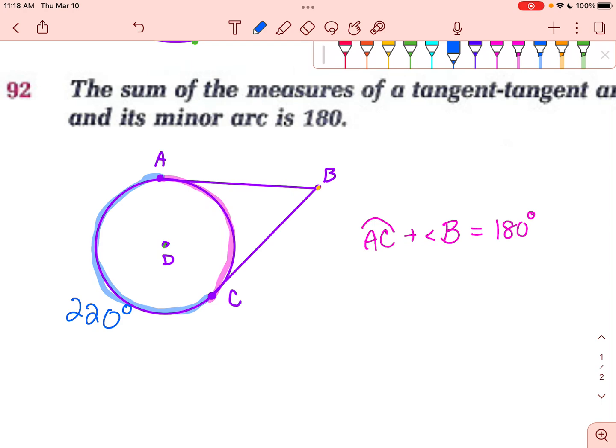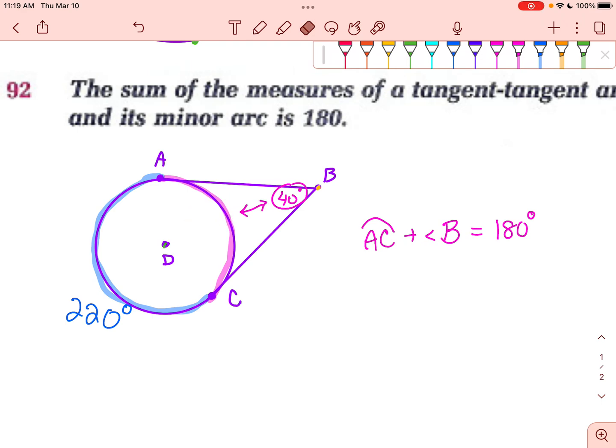If that major arc is 220, the pink arc would have to be 360 minus 220, so we have this to be 140 degrees. If the pink arc is 140 degrees, then the angle that it creates has to be 40 degrees because the two of these have to add up to 180 degrees.